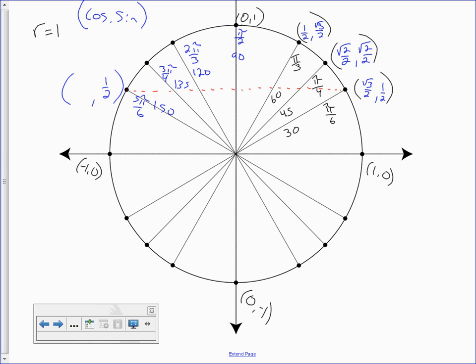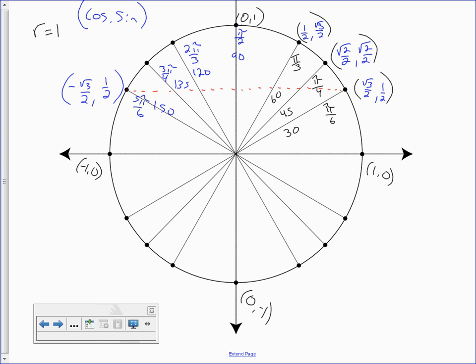So, what I want you also to notice is that the ordered pairs themselves are the same. Do you see how we go to the left, -1, go to the right, +1? In the second quadrant, what values are positive and what values are negative? X is what? Positive or negative? Negative. So that means that the ordered pair here is going to be negative √3 over 2 and 1/2.